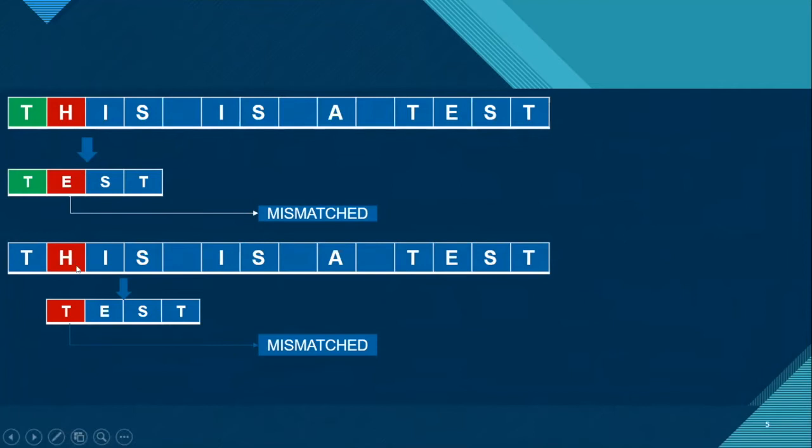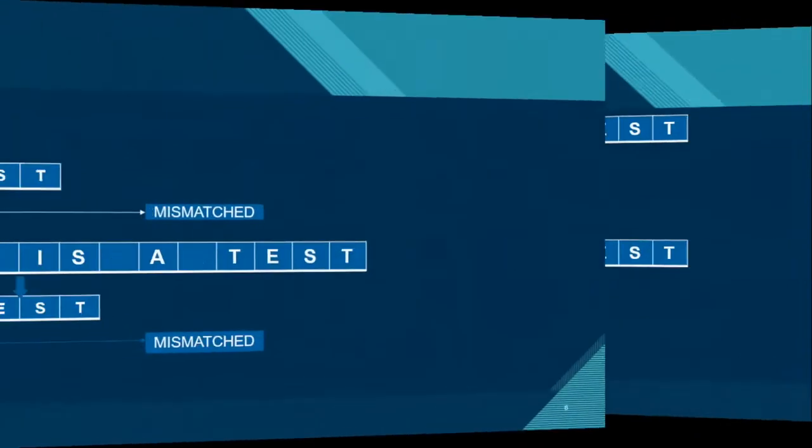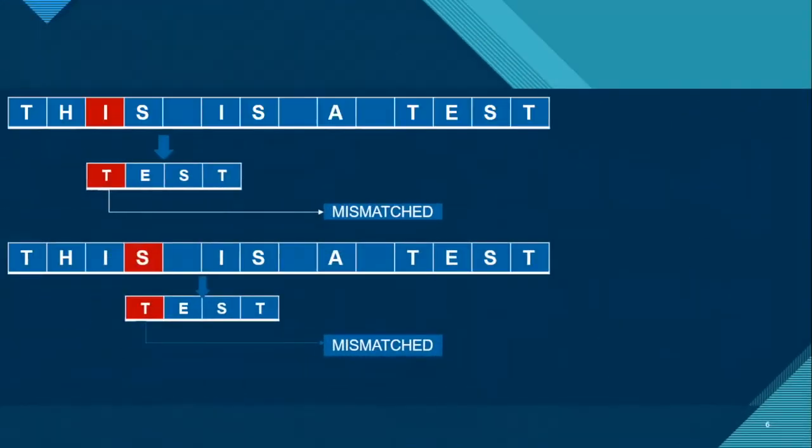Here, if we match the character with the text character, we can see it's mismatched. Then we go to the next step and shift it to the right. Then we are matching the first character with the next character, and you can see that it also mismatched. Then we shift it to the right, and so on.